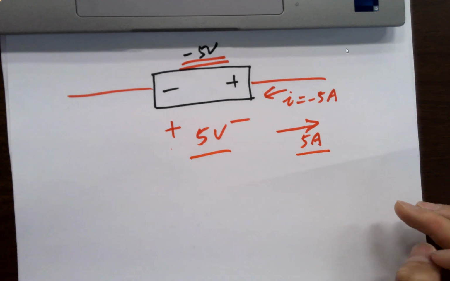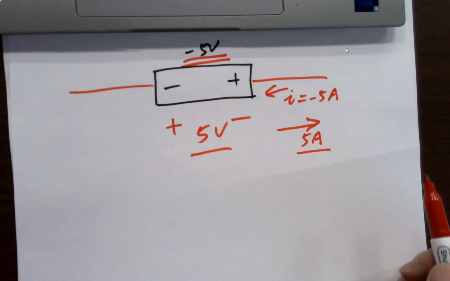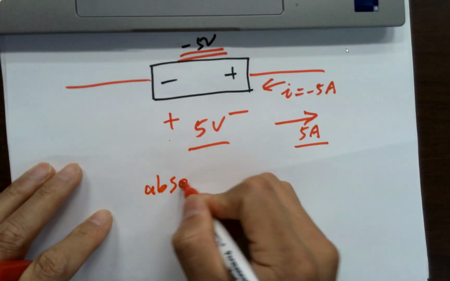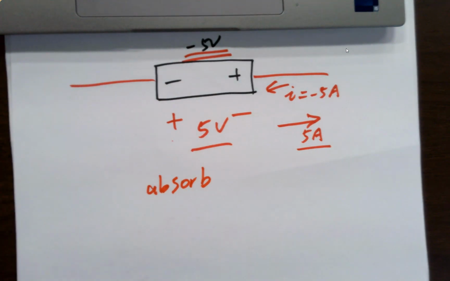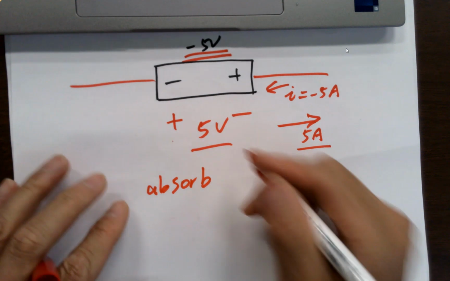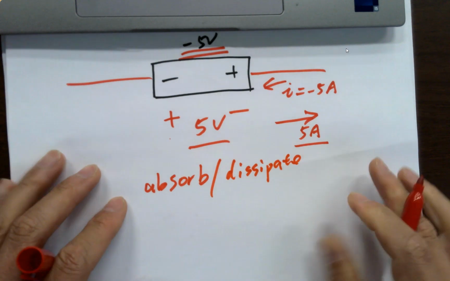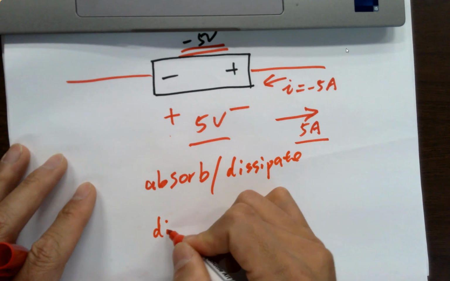You can analyze and answer a lot of questions. What are they? Is this component absorbing energy? You can see these terms. I actually usually don't use them, and I've never used a lot of them in the homework problems, but you should know how to do it. Absorbing, dissipating, I think it's the same thing. Or delivering.